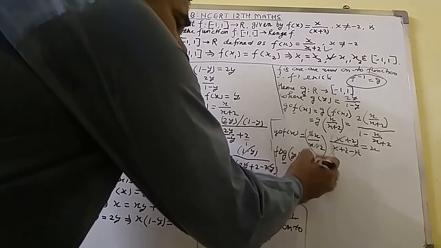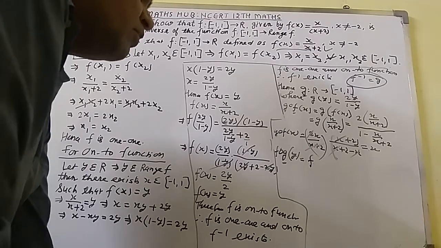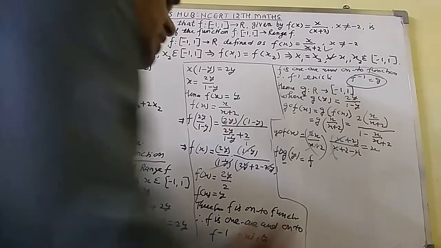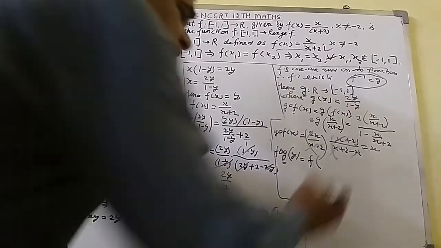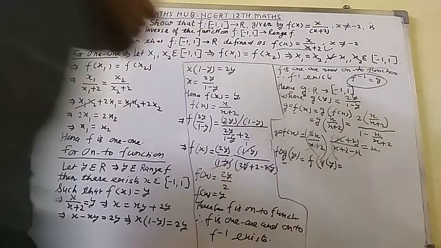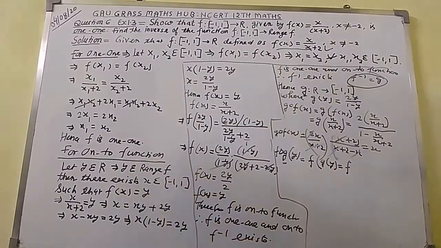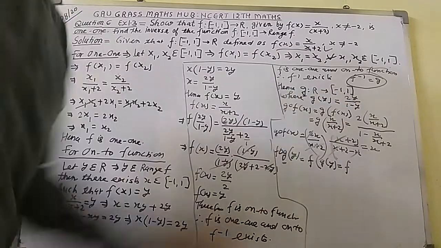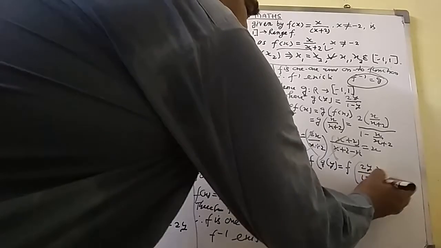In place of the small o, I shall write an open half circle bracket, and write g(y) equal to, now here f is there. In place of g(y), you can write this value, 2y over 1 minus y.